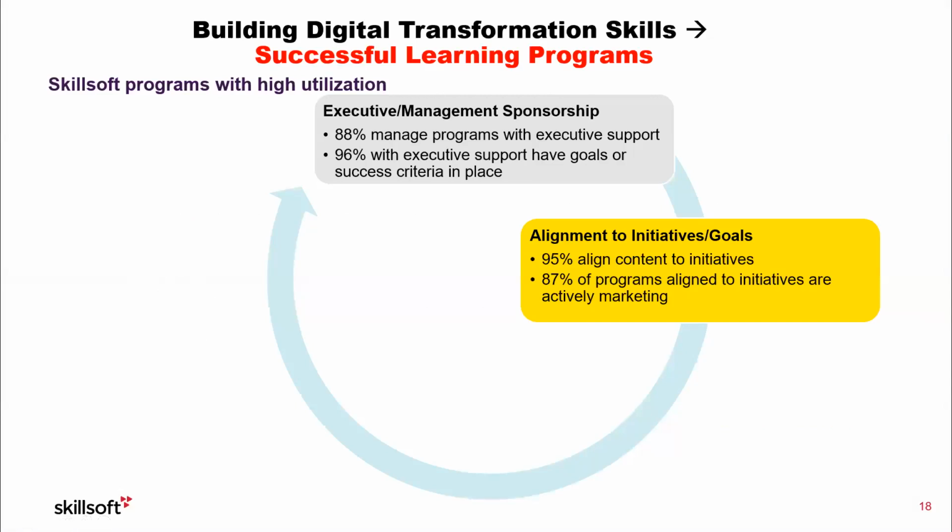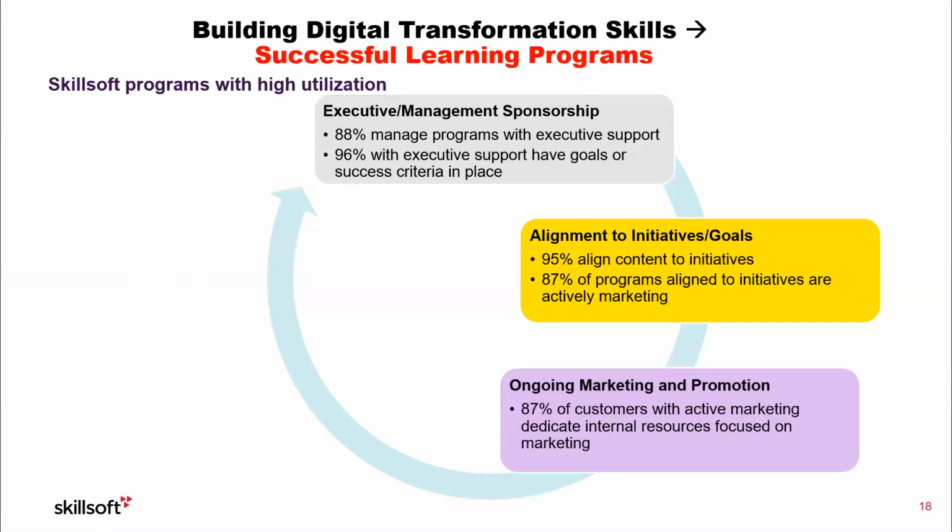87% of those programs aligned to those initiatives are actively marketed, and it's the ongoing marketing and promotion of that learning, how it is that you're going to develop those skill sets required for digital transformation. They must be actively marketed amongst users until they have developed that e-learning culture where you need to market and promote learning to a much lesser extent.